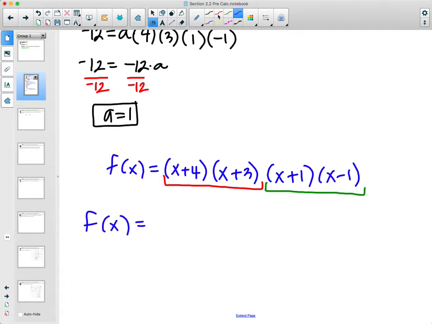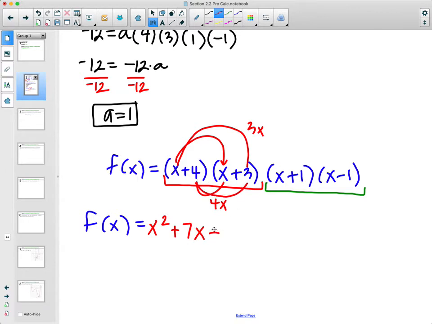You can do this in the box method if you want to. Otherwise, it's FOIL: x times x is x squared. Then you're going to get a 3x here, and you're going to get a 4x here. Add those together, and you get 7x. Then 4 times 3 is 12, so that's that first part. Then we'll multiply these last two together, so we get x times x, which is x squared, x times -1, which is -1x, 1 times x, which is +1x.